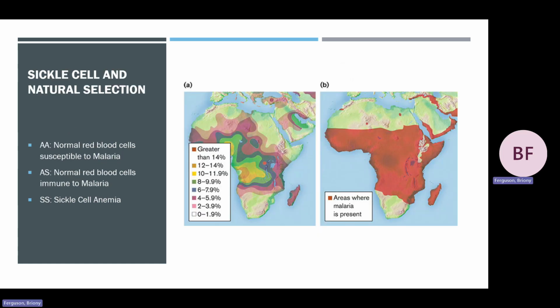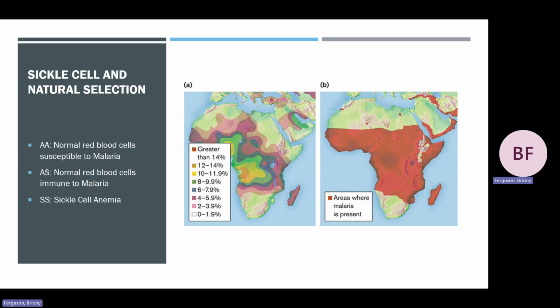Now, sickle cell anemia may sound like a very terrible disease, and it is. It can have a lot of very negative side effects health-wise for individuals that have it. However, the sickle cell gene was actually a positive mutation that occurred as a natural resistance to malaria.